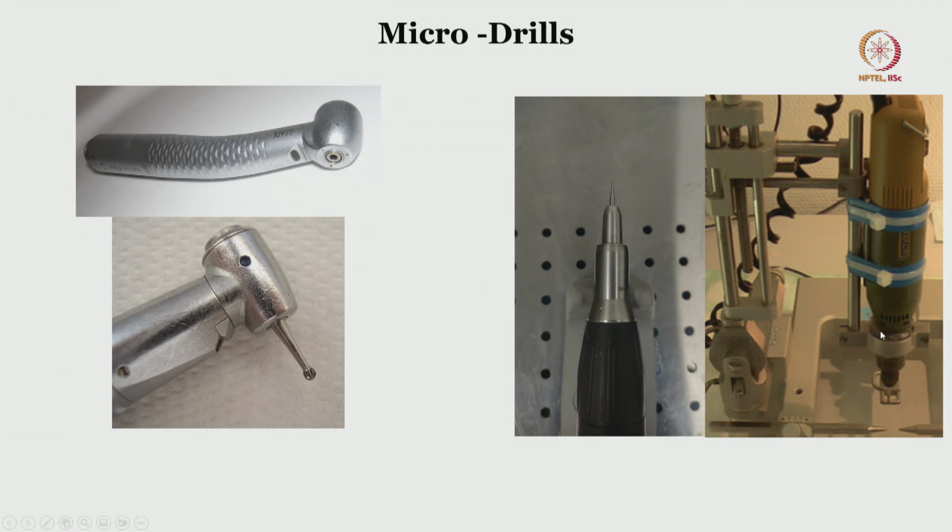But the biggest disadvantage is that you will not get haptic feedback. That is, when the skull is through and it is entering the dura, there is a sense of giving way. That sort of tactile feedback is very important to stop drilling, but by practice you will be able to do it with this as well.